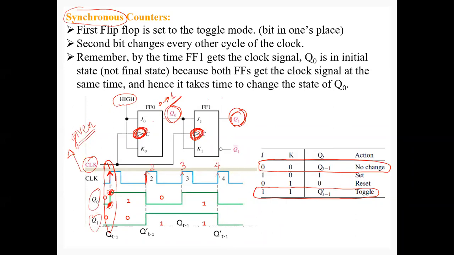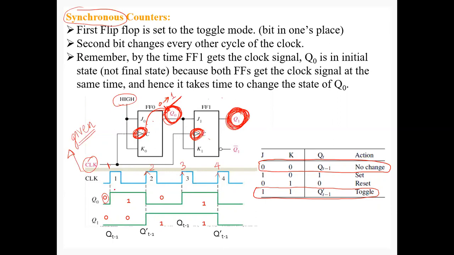Okay, but the thing is, they have to work at the same time. So by the time this guy gives Q0, this already gives you Q1. This already gives you Q1 before the new value of Q0 appears here, because it takes some time to process the new value. That's why we have to base it on this 0.